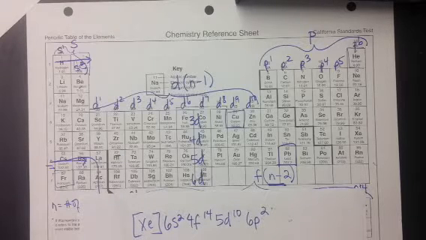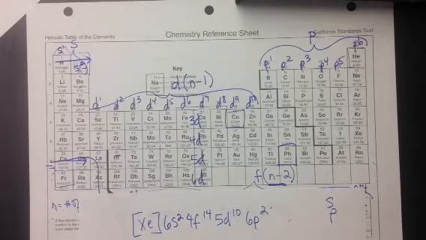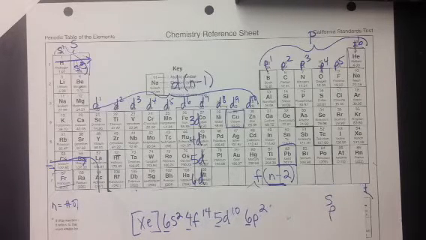Now, valence electrons are only found in the s and p orbitals. So I have to look here at all my energy levels, and remember, valence electrons are the electrons that are the furthest away from the nucleus, or in the highest energy level. So I compare my 6, my 4, my 5, and my 6, and my highest energy level is my 6 energy level.